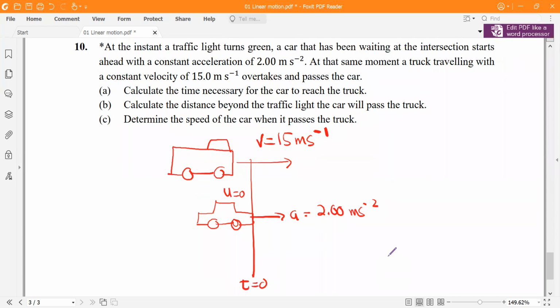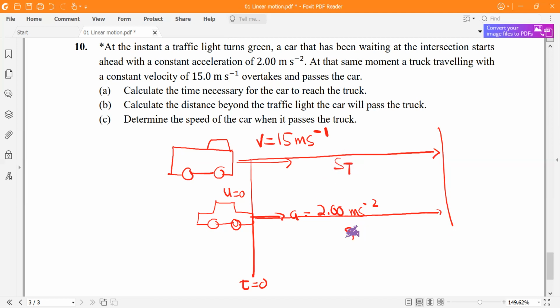Calculate the time necessary for the car to reach the truck. When the car overtakes, the distance traveled by the truck and by the car will be the same.